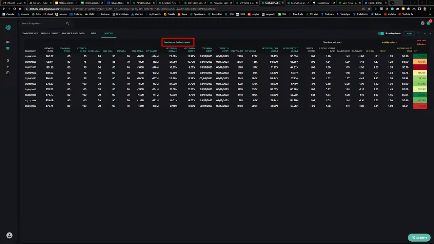So if I wanted to do further research, I would go in here to Equity Hub and see there's the increase in the key gamma strike from yesterday to today. So it's been at 80 for quite a while, increased to 85. Also the increase in the hedge wall from 81 to 83. And then also the increase in the call wall from 85 to 90. So I take all of that as bullish.